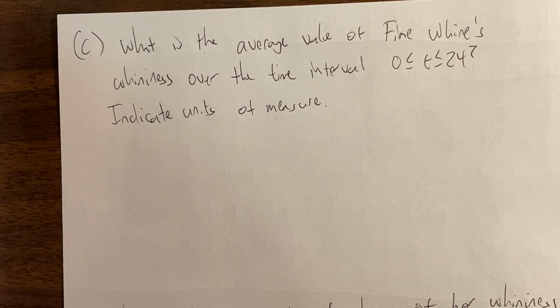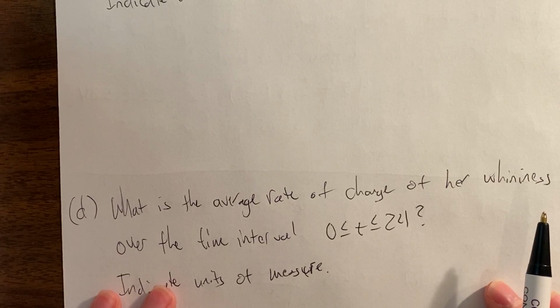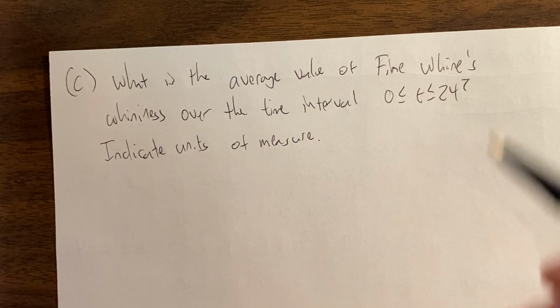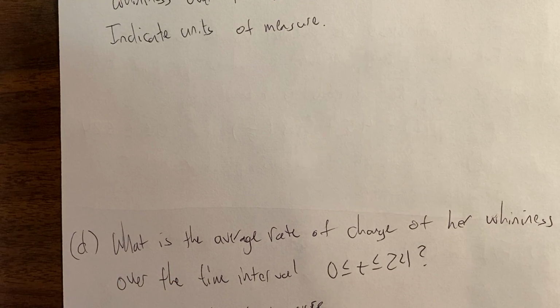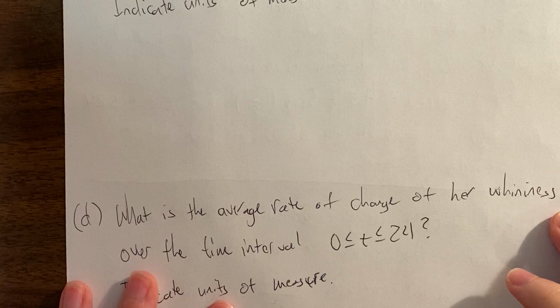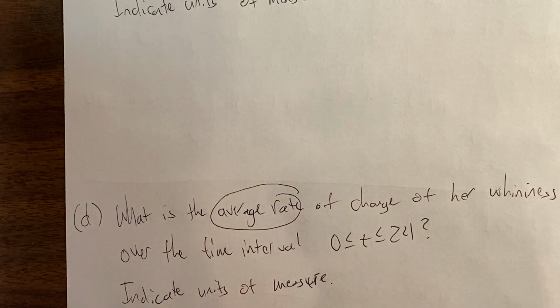What I want to preface is that average value and average rate are two totally different things. The important words aren't value, because you can say the average value of the rate of change. The important words are average, just the word average by itself, or the words average rate. Those are the two questions that students often get confused.